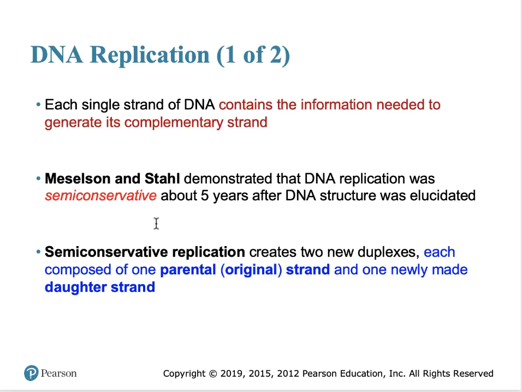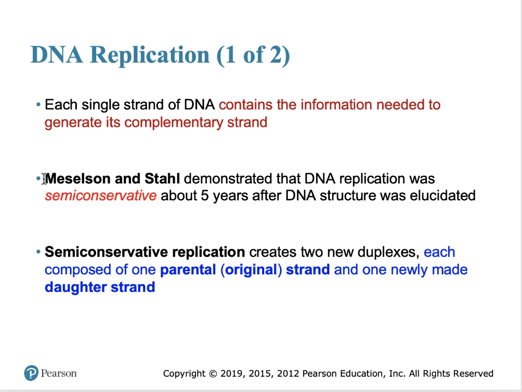The next thing is that we need to understand how DNA replication takes place. So here we have the history of DNA replication, and in Chapter 7 we'll go into more details about the biochemical mechanisms by which DNA is replicated. So the important thing to understand is that each strand of DNA contains information that will allow you to predict the opposite strand simply by looking at the information in the first strand.